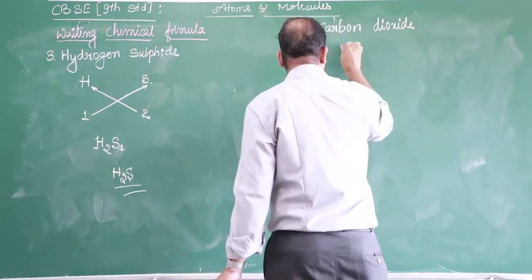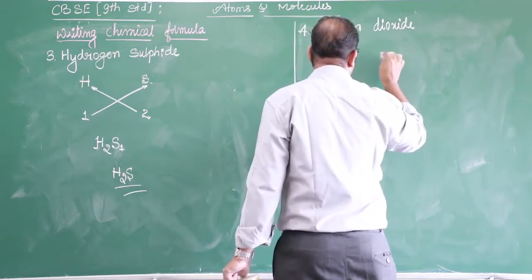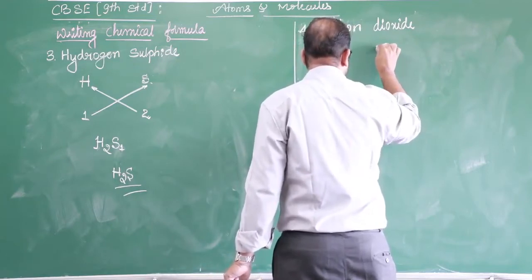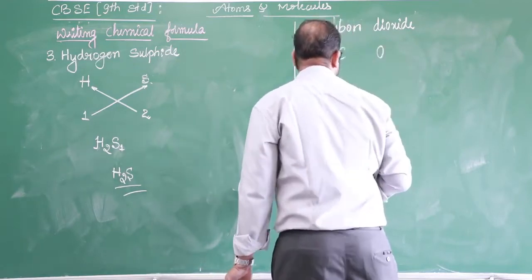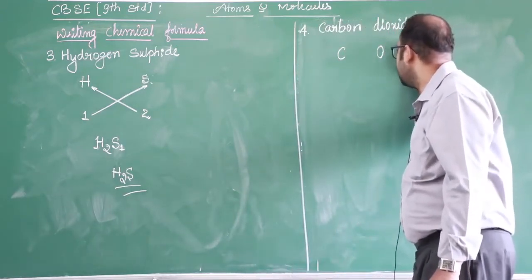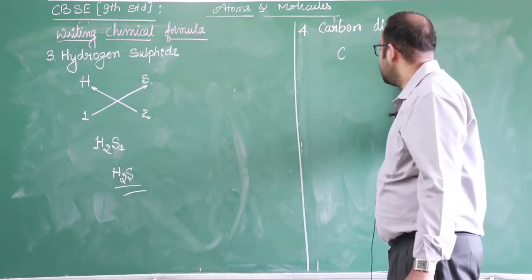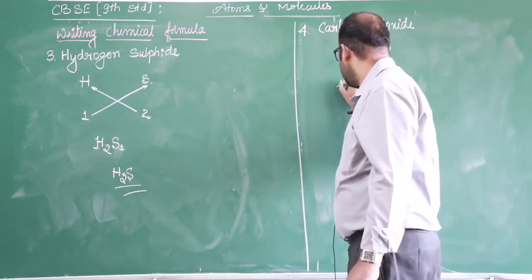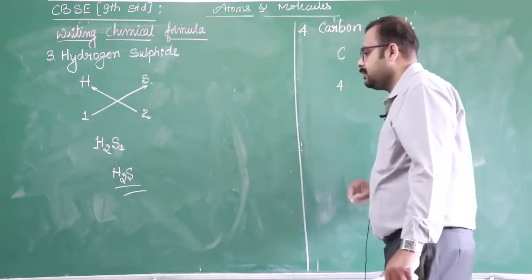The symbol of carbon is C. Oxygen is O. Oxide is nothing but oxygen, it is O. The valency of carbon is 4 and oxygen is 2.